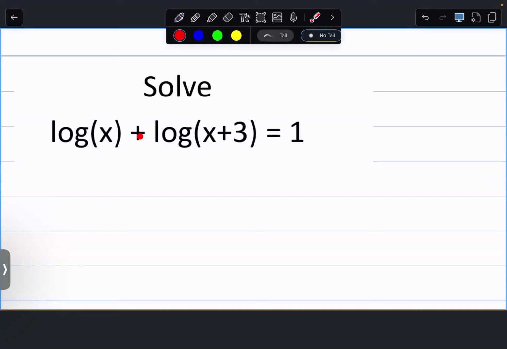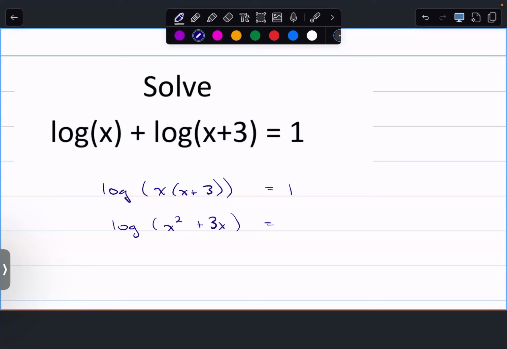I've got the logs of the same base and I'm adding them together. And I think we're ready to just go for it. The log of x times x plus 3 is equal to 1. So I get the log of x squared plus 3x is equal to 1.